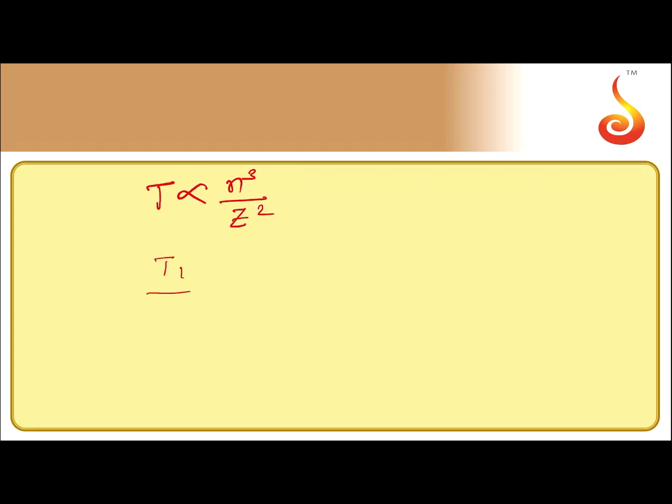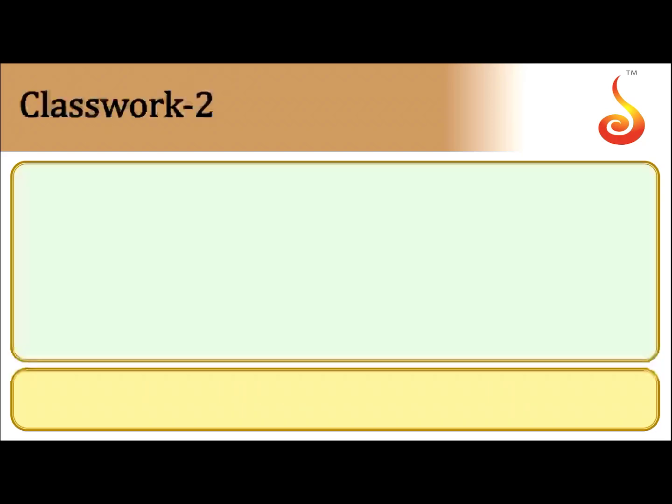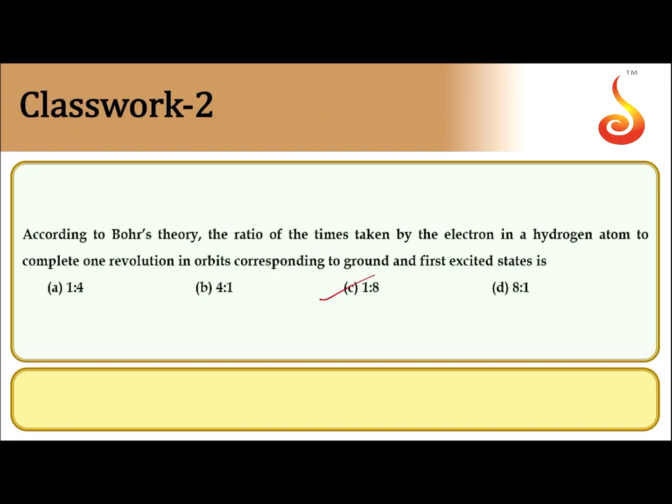So, you can write T1 divided by T2 is equal to N1 by N2 cube, and this corresponds to the same value of Z because it is still hydrogen atom in both the cases. So, this is 1 by 2 cube, or this is 1 by 8. 1:8 is our correct choice. C is the option.